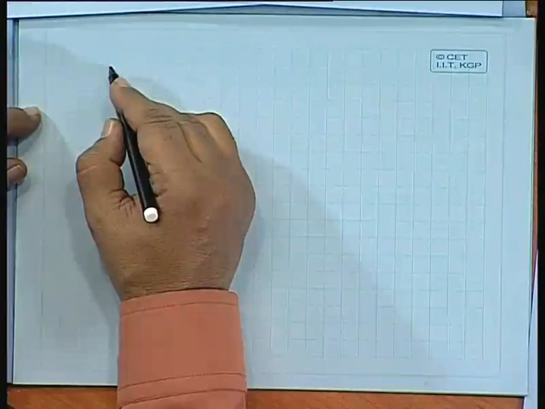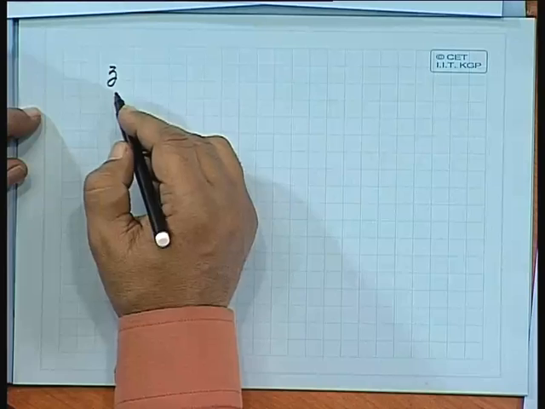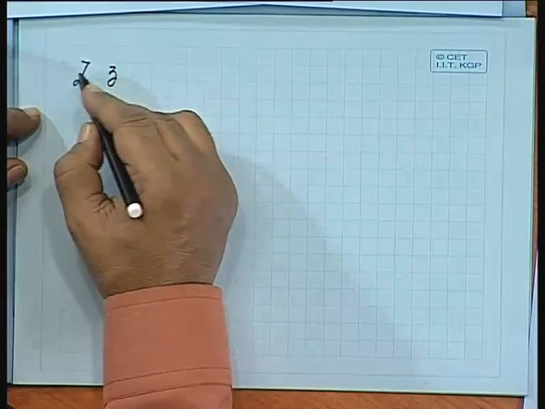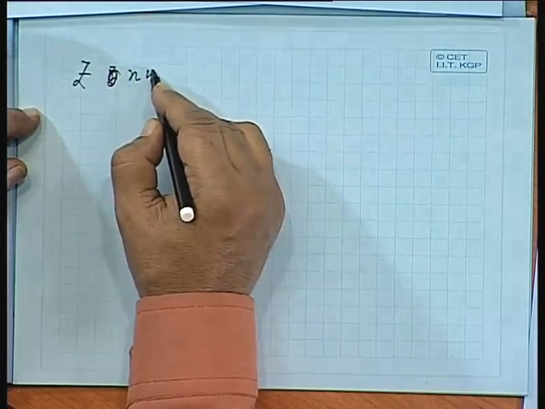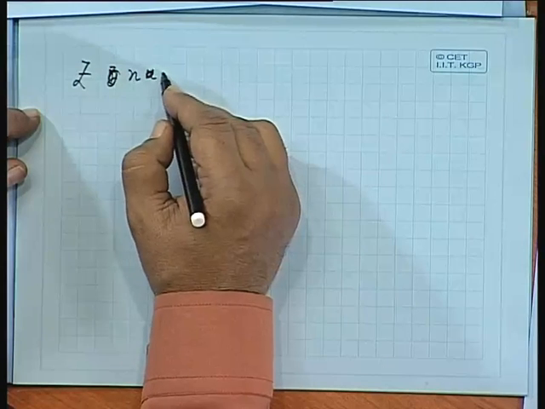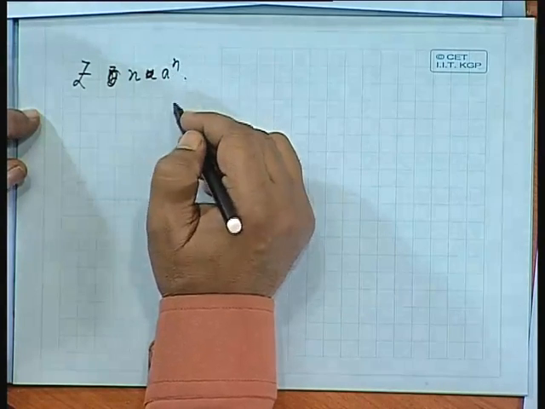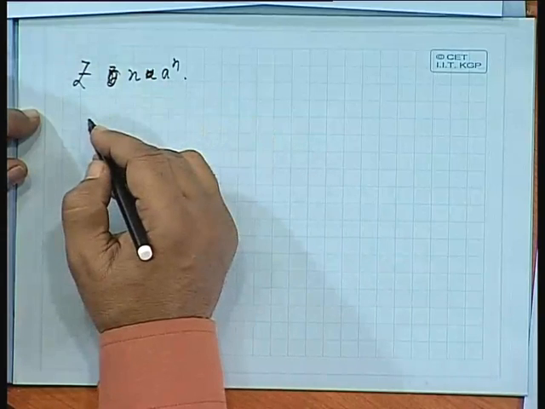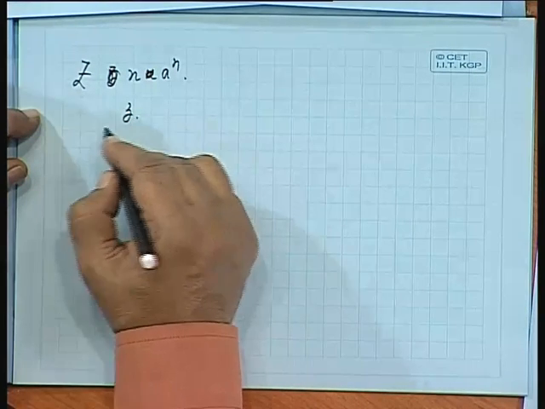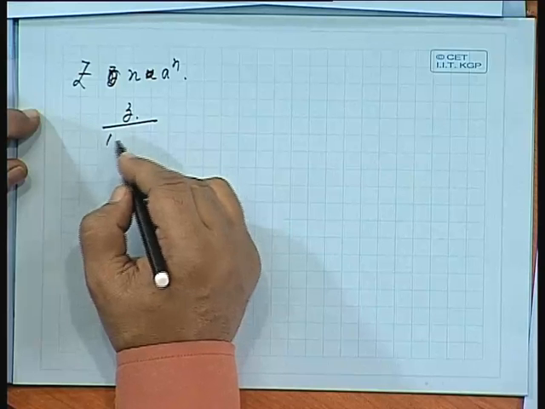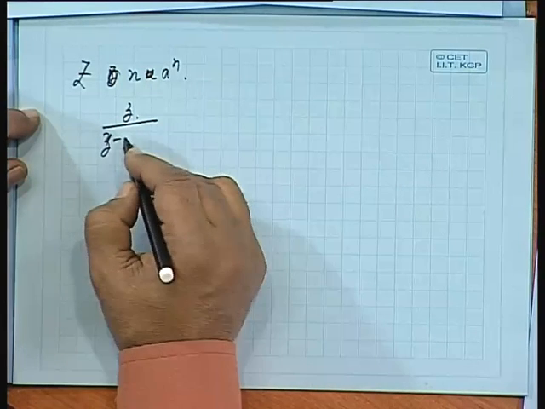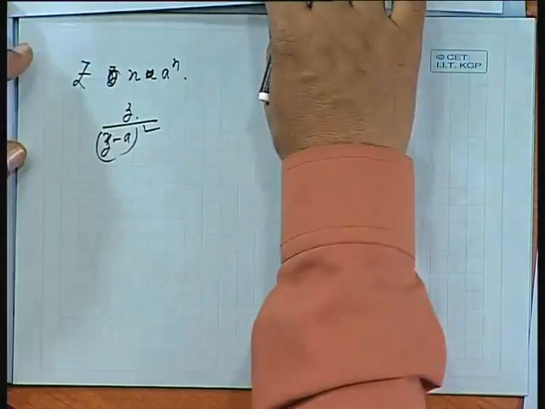Is it not a ramp function? 2z by z minus 3 whole squared, is it not same? What is the z transform of a ramp function? Okay, n into a to the power n, how much is it? z by z minus a whole square. So, what is this?